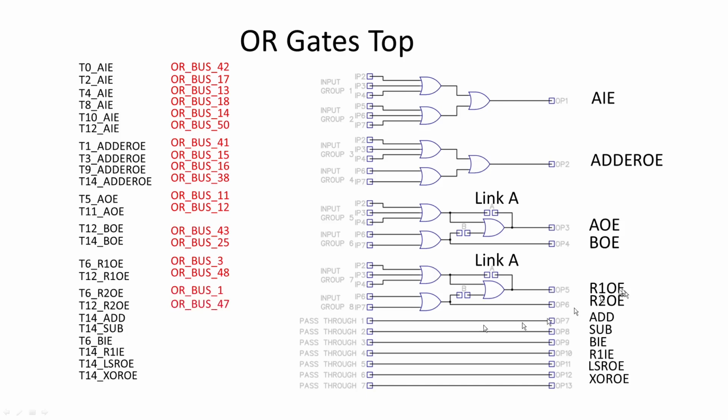And then we'll have 2 here for R2 on T6 and T12. Those 2 are all together out here to R2 output enable. And the other ones down here, there's only 1 of them, so they just pass straight through. I just use this card to reach from this bus to the other bus, so it's a direct link across. And there's LEDs on there, so you can see when the signals come on or not.